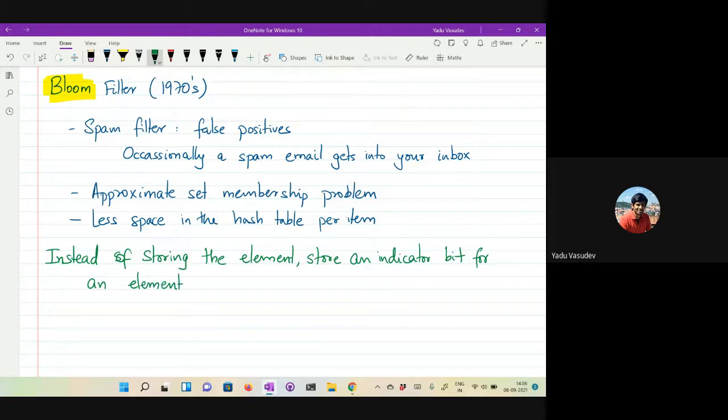You're going to construct a function which maps every element to a position in this array, but instead of saving that element there, you just indicate that the corresponding element is there.